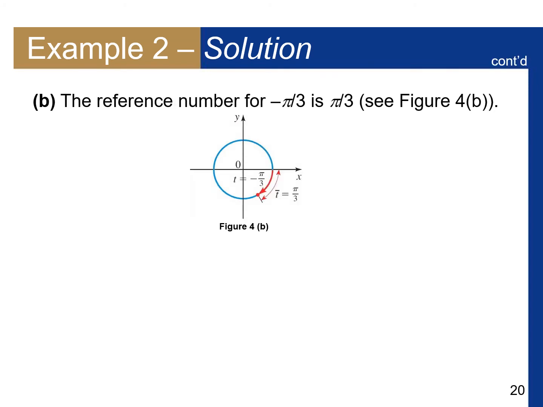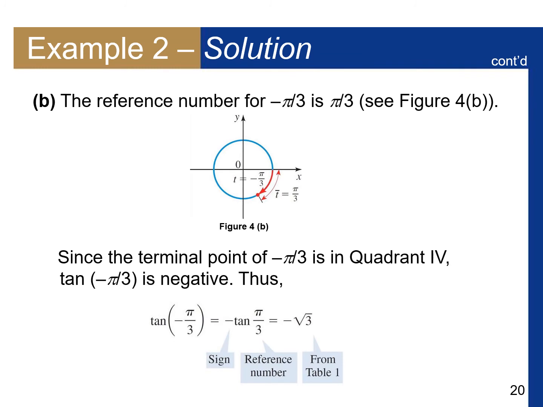For negative pi over 3, I'm going to go clockwise from (1, 0), and I'll be in quadrant 4, so it will be negative. So my tangent of negative pi over 3 is going to be negative square root of 3.